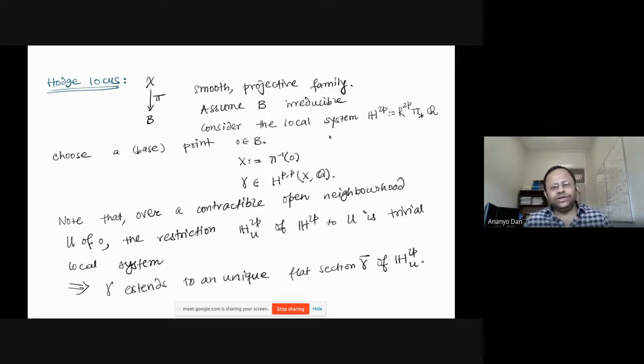Recall that local system means that in the analytic topology, for every point, you can find a small open neighborhood such that this is like a locally constant sheaf. So the local system is really a locally constant sheaf in the analytic topology. Okay, any questions?